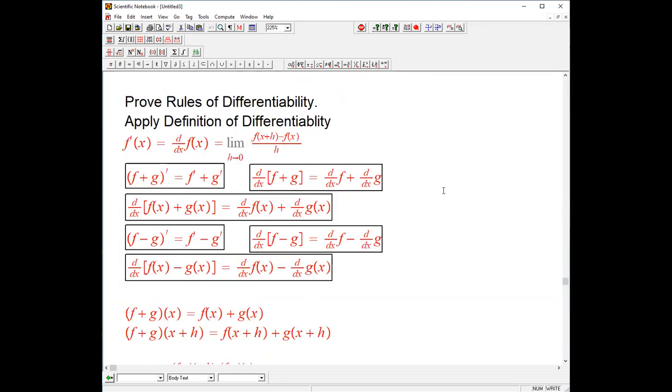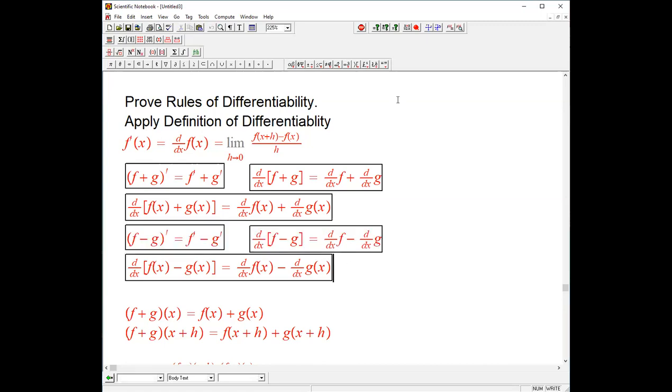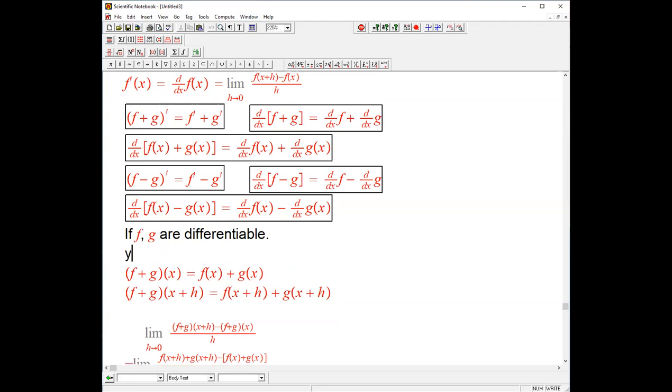You can see in applying this property, okay, these are called limit laws, we have a fundamental assumption. So the assumption is if f, g are both differentiable, then we have all of these.